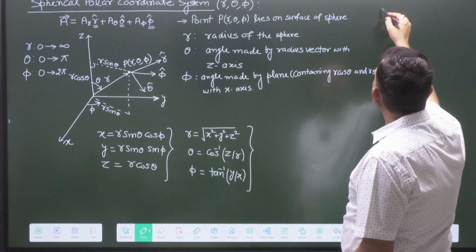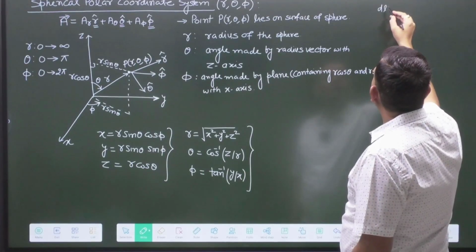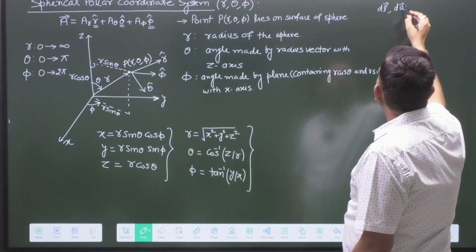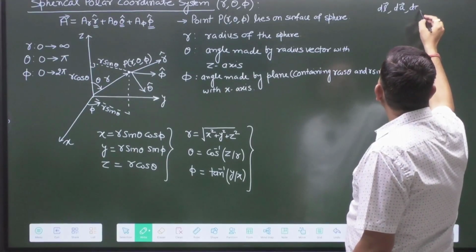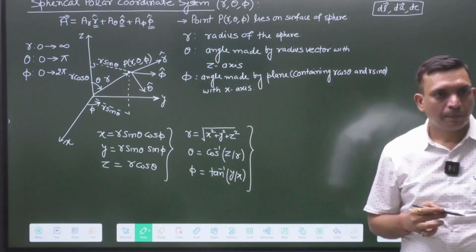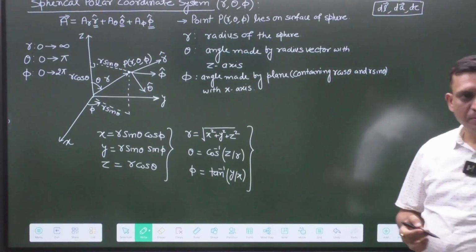Again, we have to see how to write dl, dA and d tau. Same dl, the infinitesimal displacement vector.